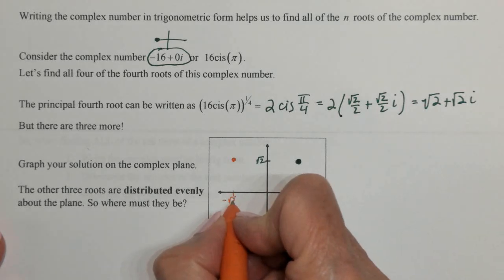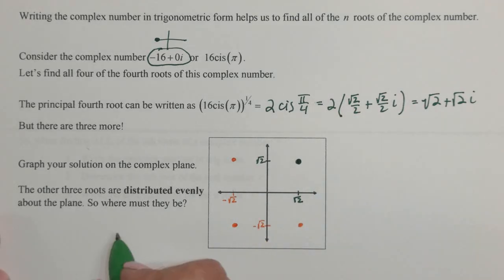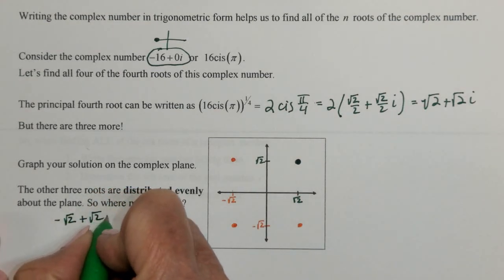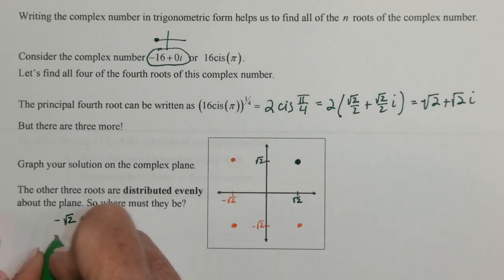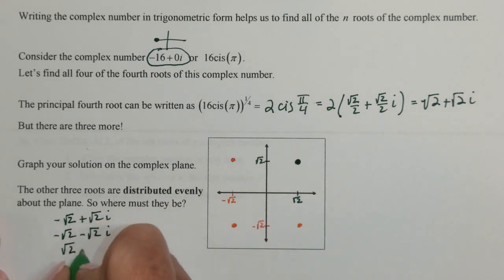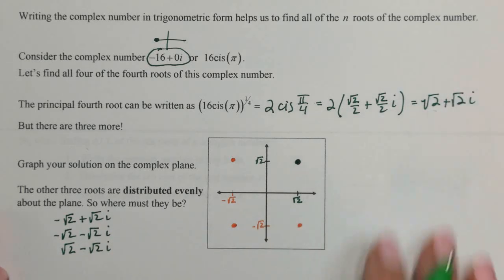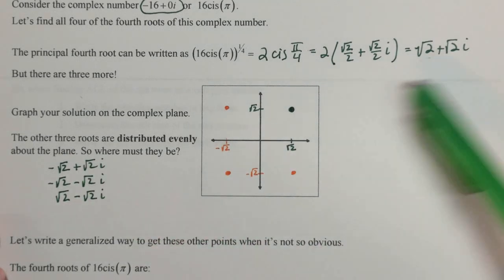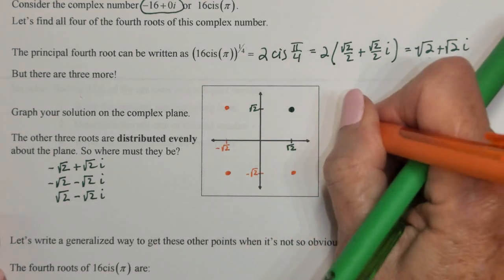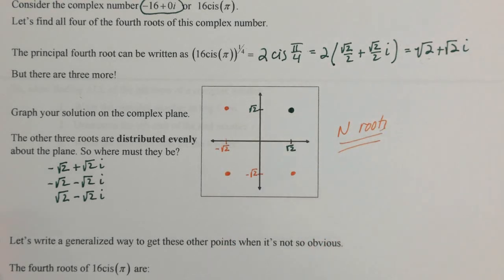So the points must be negative square root of 2 plus square root of 2i, negative square root of 2 minus square root of 2i, and positive square root of 2 minus square root of 2i, along with this one. We're going to be seeing patterns in what we're doing, but this is key, that these are all distributed evenly. Notice we have n roots, we have n points. Those are all 4 of the solutions.